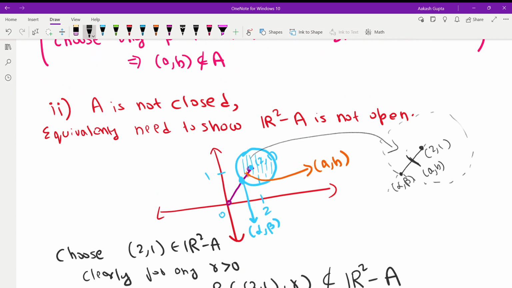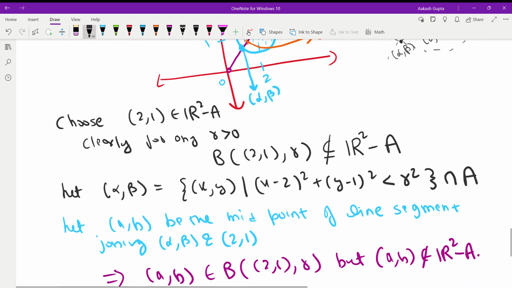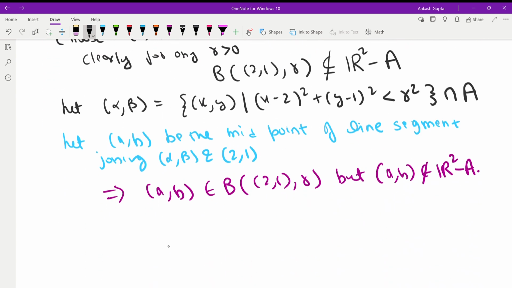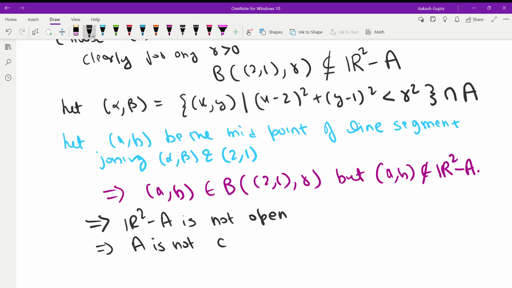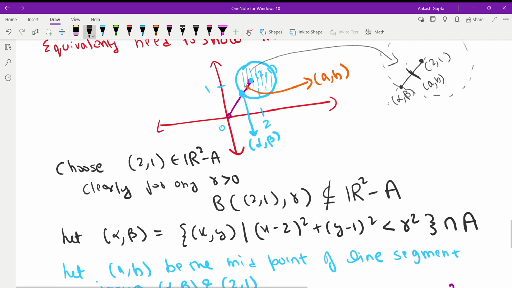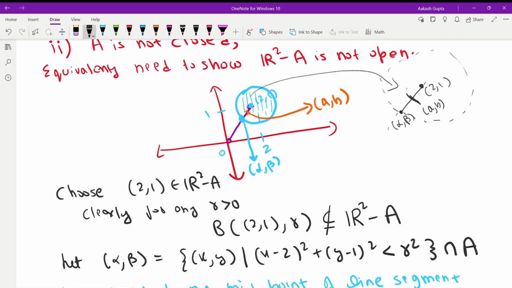So let me end by this example, and you can construct similar examples and try to write them down properly. So what was the conclusion? This implies R2 minus A is not open, which further implies A is not closed.